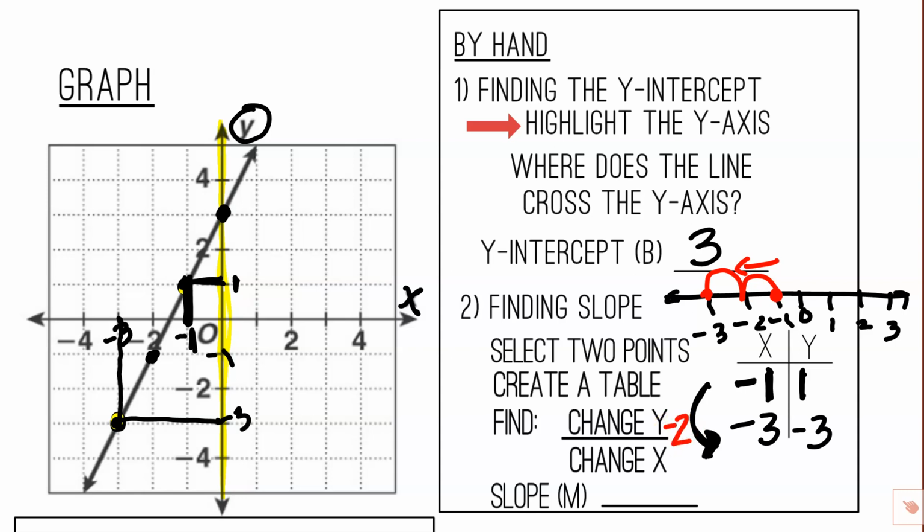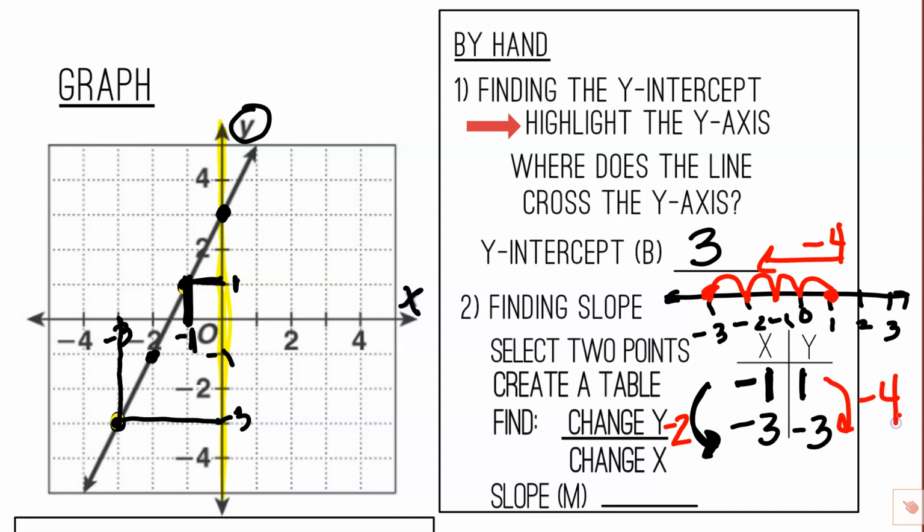All right. Now the next one, I'm going to go from 1 to -3. So from 1 to -3, and how much did I go? 1, 2, 3, 4 to the left.